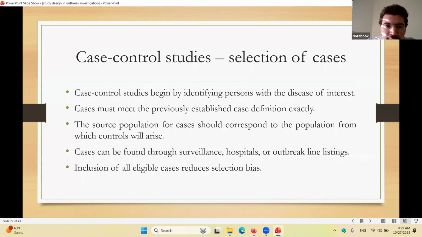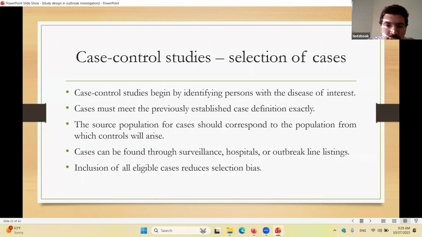Cases must meet the previously established case definition exactly. The source population for cases should correspond to the total population from which controls will arise. It is a very, very important note.